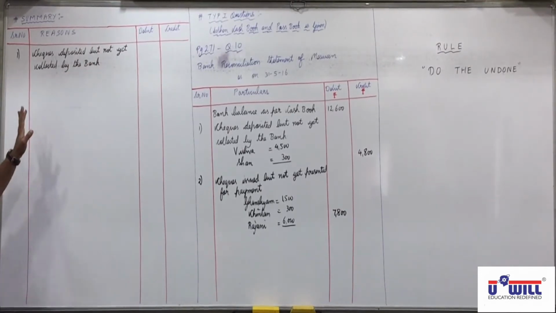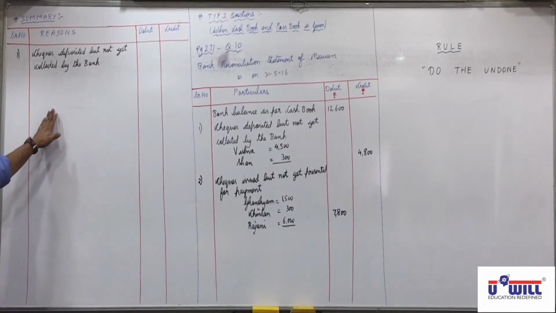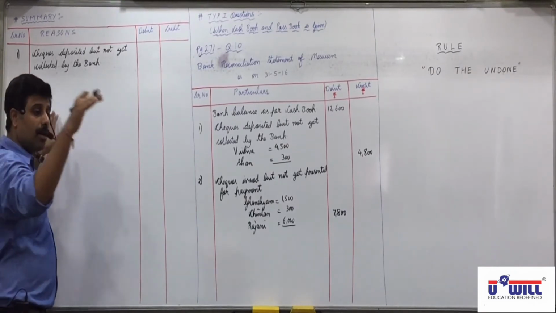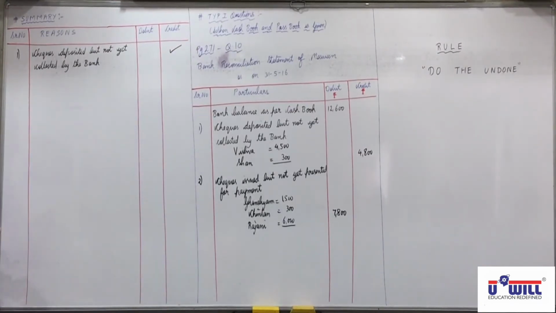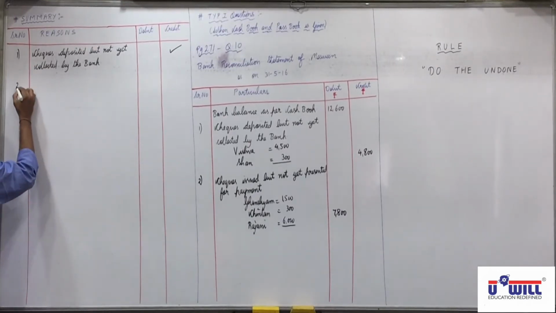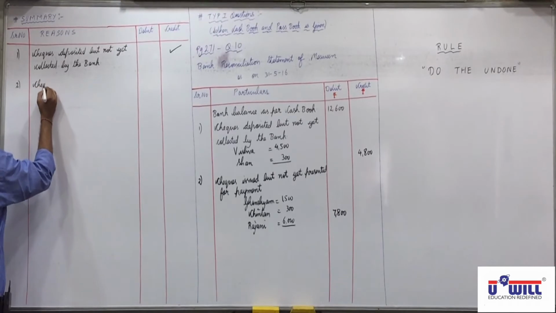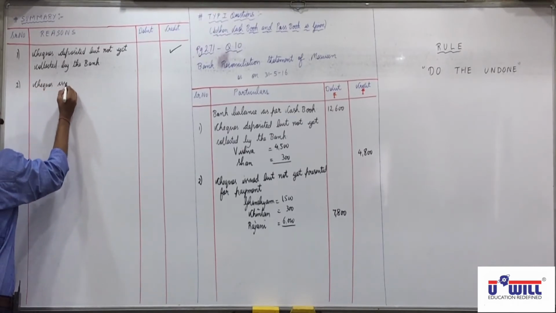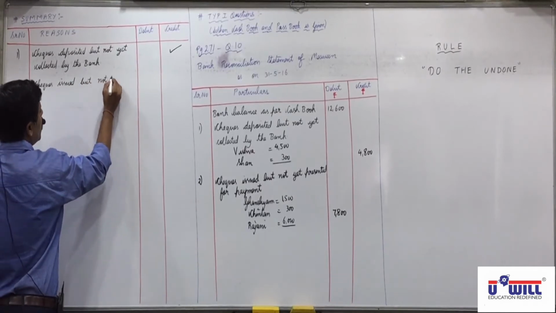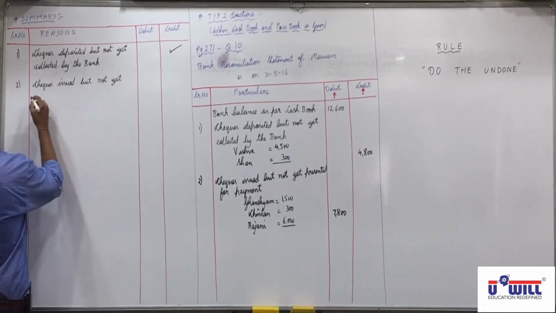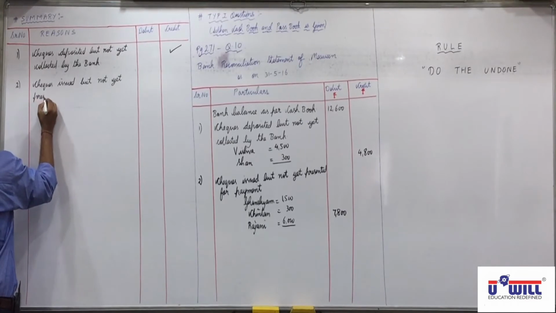As we have practically seen, they are debited in the cash book but not credited in the passbook, so the effect will be credit in BRS. Able to understand this, everyone? And the second reason is checks issued but not yet presented for payment.